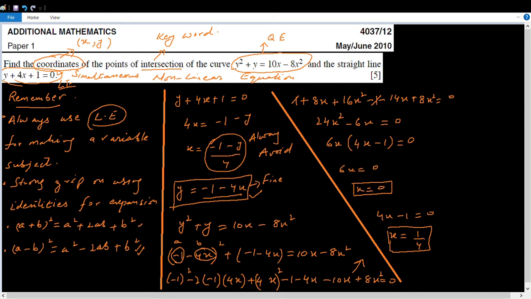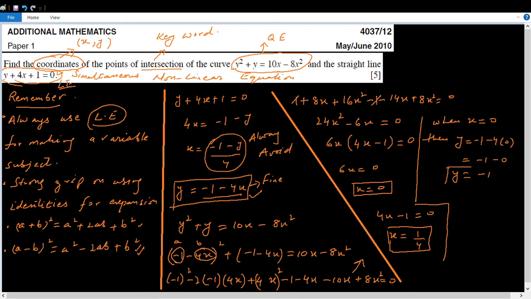So when x is equal to 0, then y is equal to minus 1 minus 4 into 0, and it will be minus 1 minus 0, minus 1. Y is equal to minus 1.